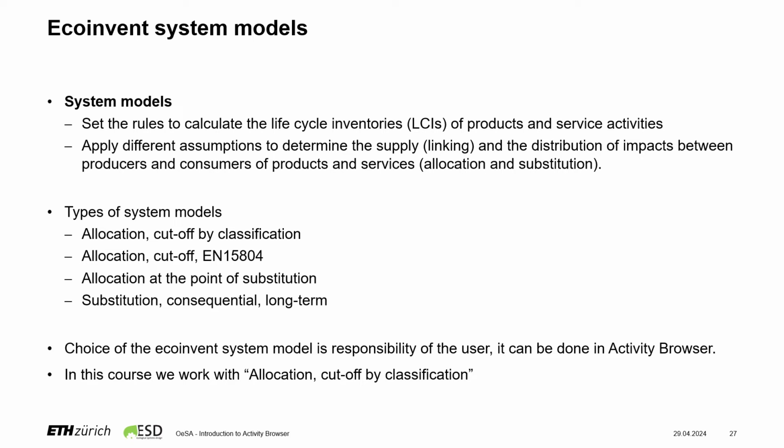And for now, we are using allocation cutoff by classification. And when you were importing Ecoinvent, you must have seen that you can choose from a list any one of these system models. So hopefully all of you have chosen cutoff by classification.